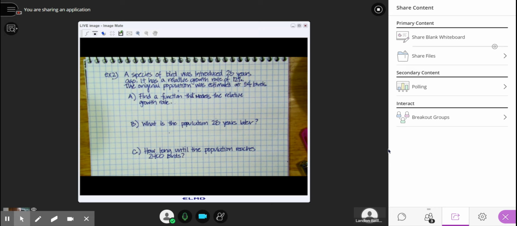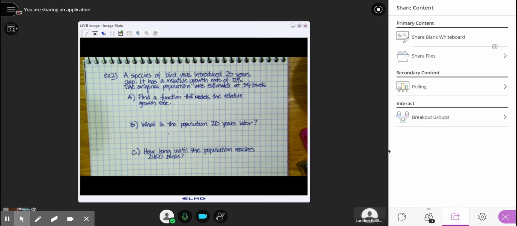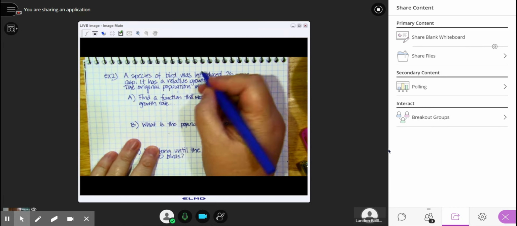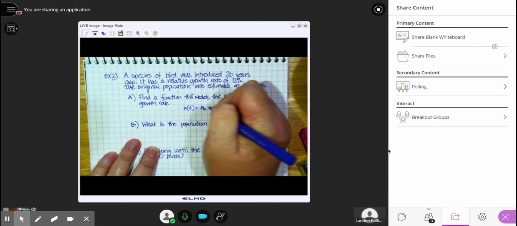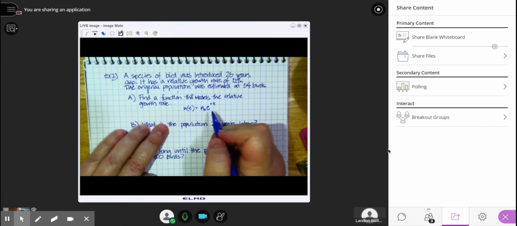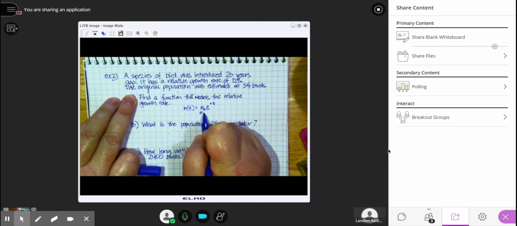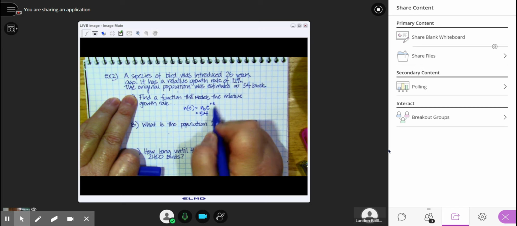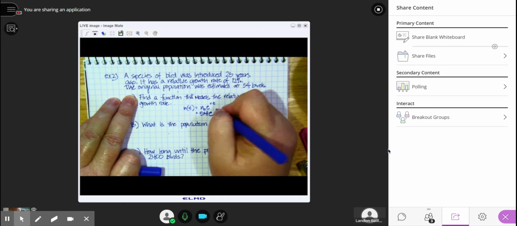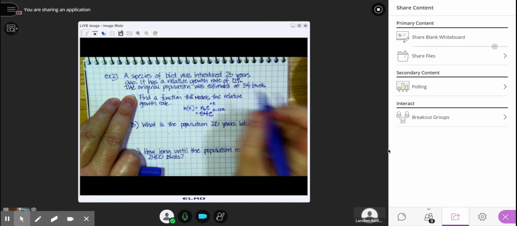Okay, so find a function that models the relative growth rate. Relative growth rate, if you recall, is n of t equals n sub 0 e to the rt, where n sub 0 is your original population, r is your relative growth rate, but we will write it as a decimal, so we'll use 0.12t.